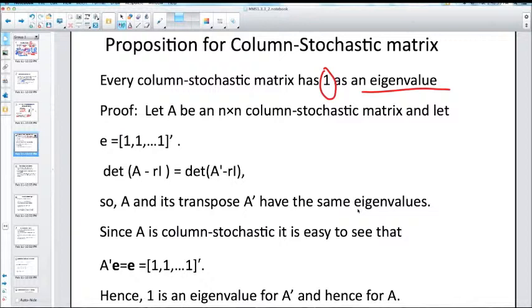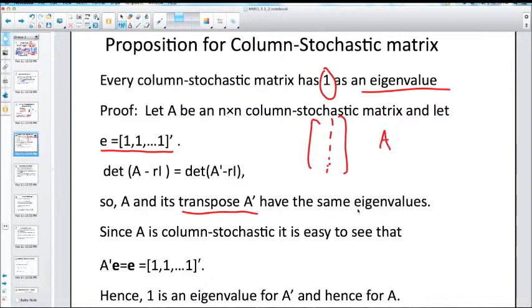I just show you we can always find an eigenvector like this, 1, 1, 1, 1, 1, for the transpose of the A. And if you remember the A, each column adds to 1.